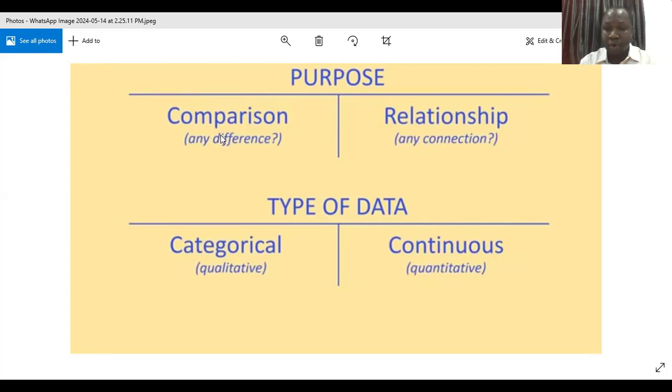Under comparison, you can compare the economy before and after COVID-19: you collect the data before COVID-19, collect the data after COVID-19, and you compare the means. That's comparing. Relationship is that you want to measure an effect.